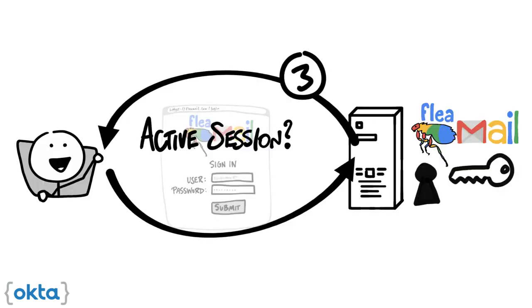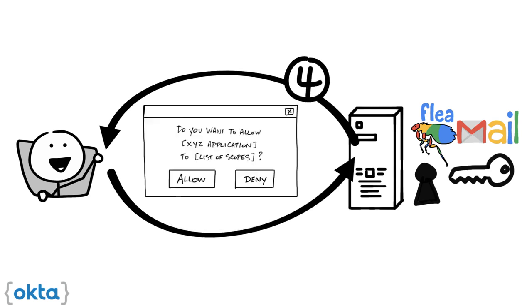The authorization server verifies who you are and, if necessary, prompts for a login. The authorization server then presents you with a consent form based on the scopes requested by the client, and you have the opportunity to grant or deny permission.